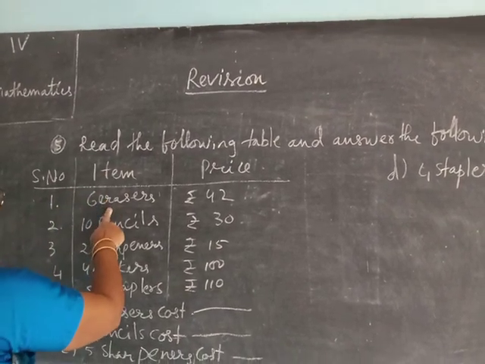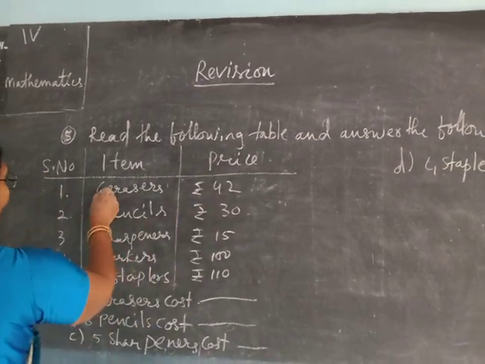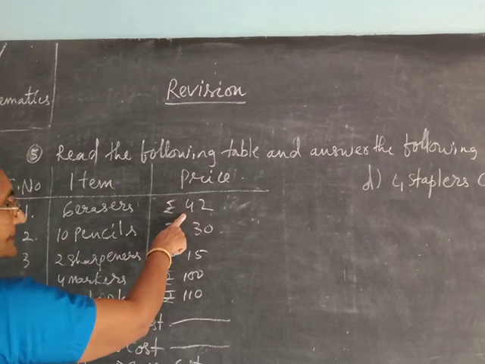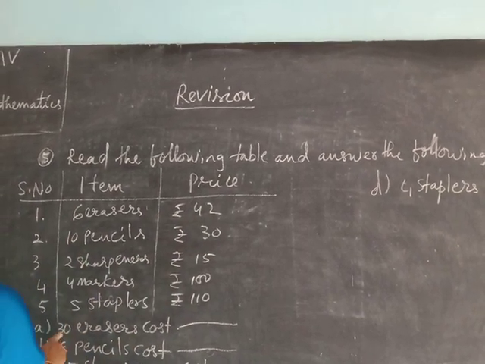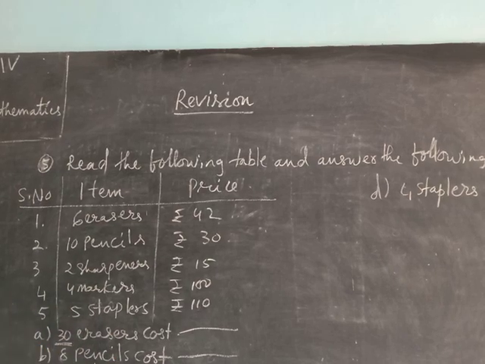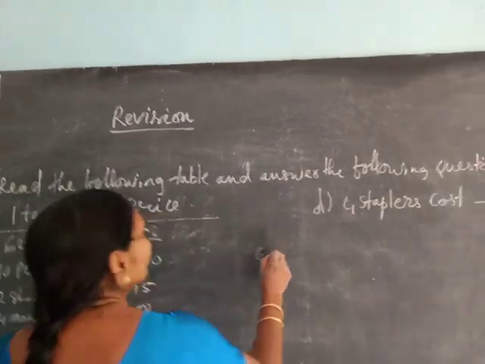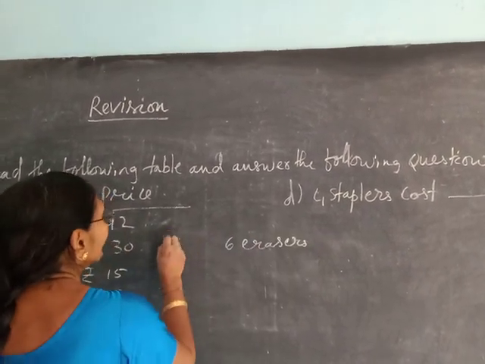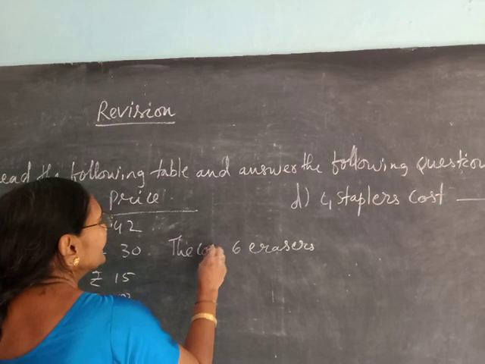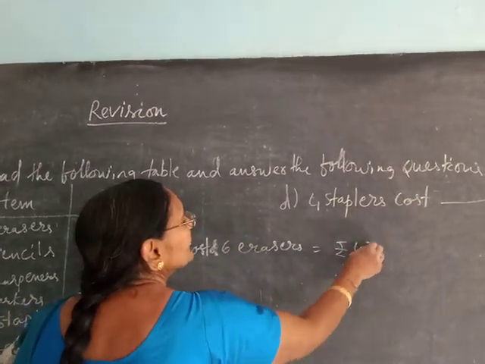Then the question is serial number 1. Item is erasers. Price is 42 rupees. 6 erasers cost equal to 42 rupees. Then find the cost of 30 erasers. How will you find it? You have to write: the cost of 6 erasers equal to 42 rupees.